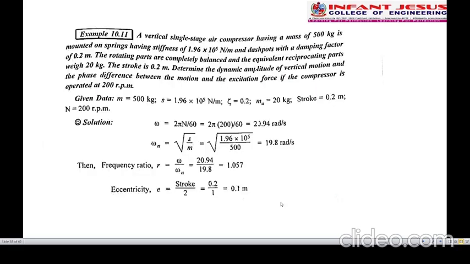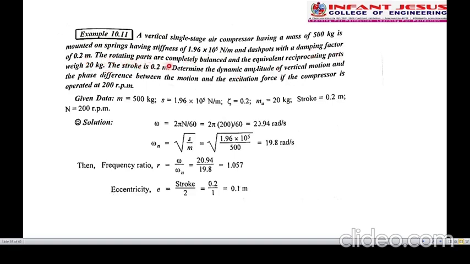Next we can see a problem. A vertical single stage air compressor having a mass of 500 kg is mounted on springs having stiffness of 1.96 into 10 power 5 Newton per meter. This is an air compressor. Total mass of the machine, capital M, is 500 kg, stiffness S is this much, and the damping factor is 0.2, so zeta is 0.2.